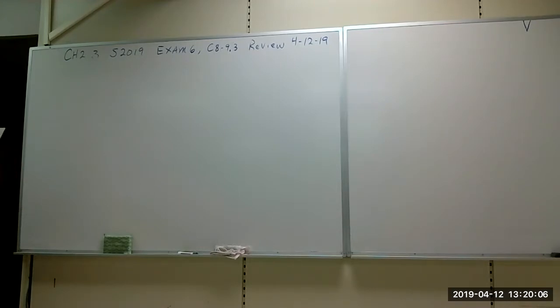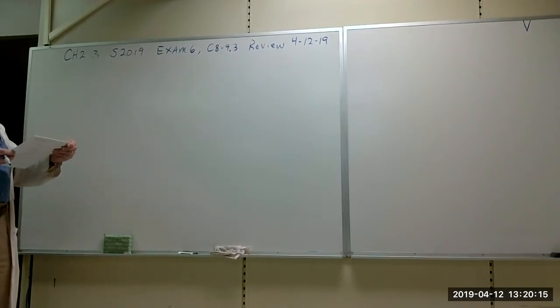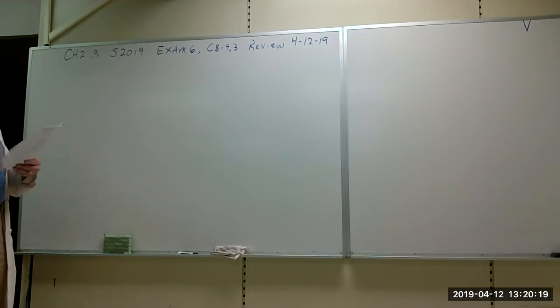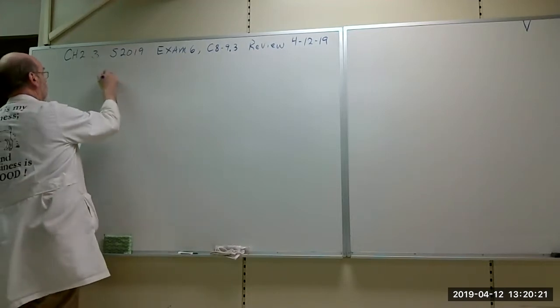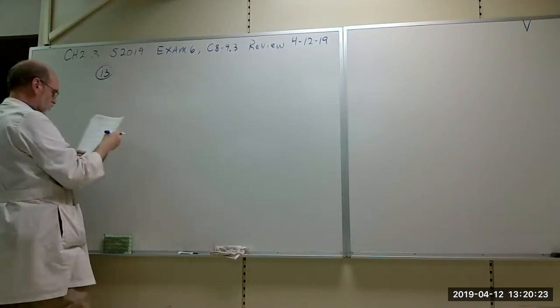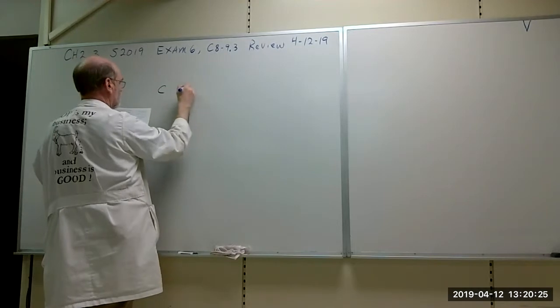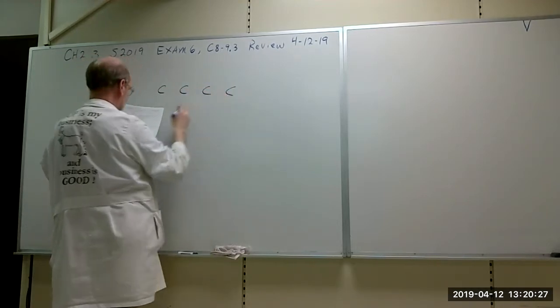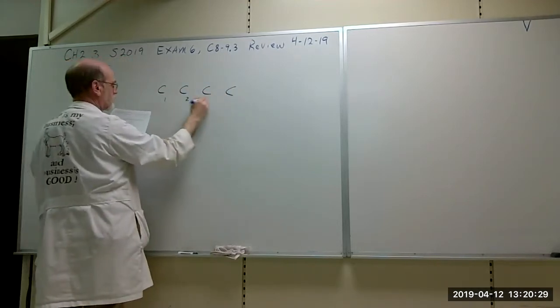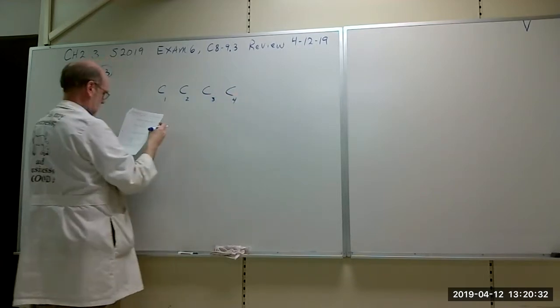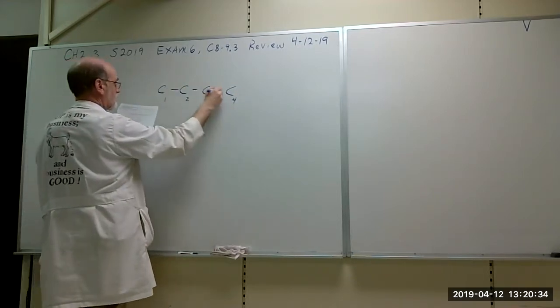What about 13? 13, all right. How many electrons must be shown as bonding or non-bonding electrons in the Lewis structure whose skeleton is this one? Okay, so this is what we're given. And the carbons are numbered, so we can tell them apart.